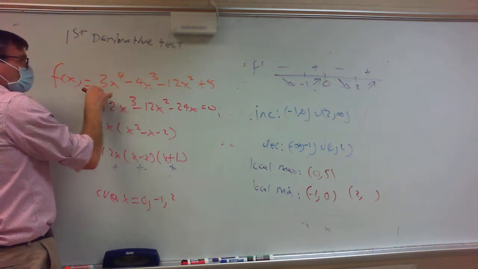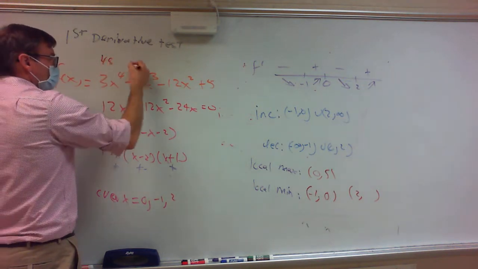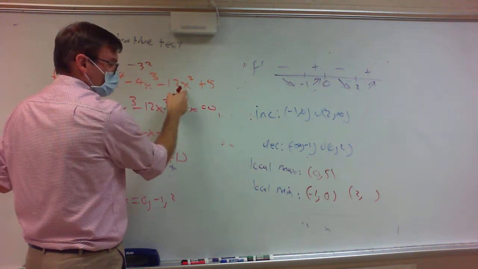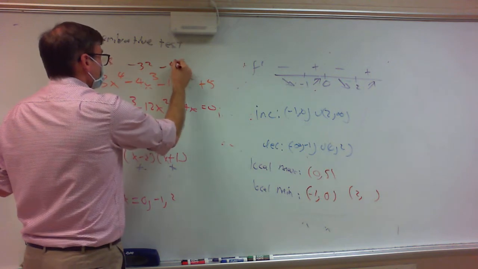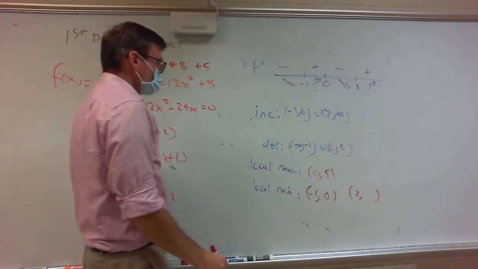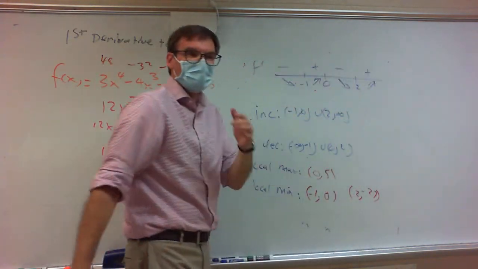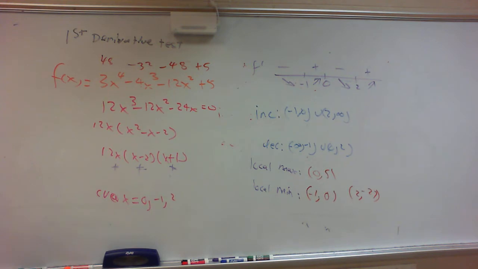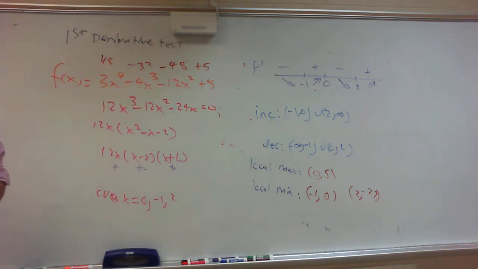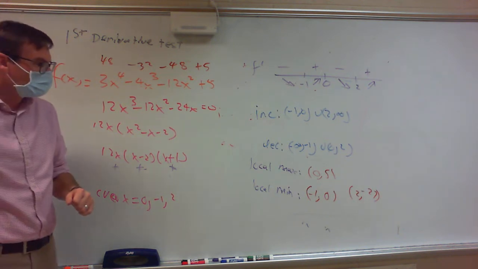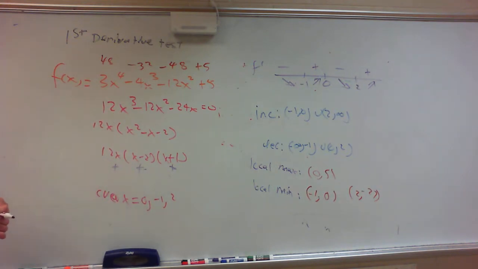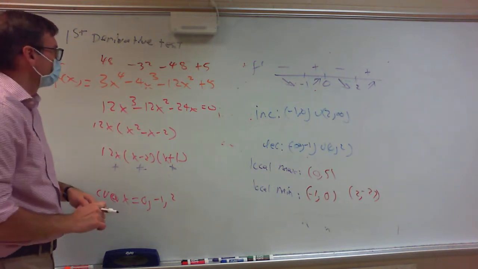So 16 times 3 is 48, minus 32, minus 48 plus 5. I think that gives me a -27, because those go away, -32 plus that gives me -27. Oh, wait, no, I did not find that.